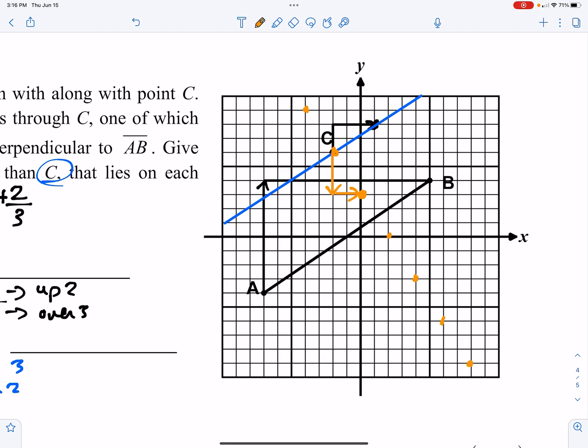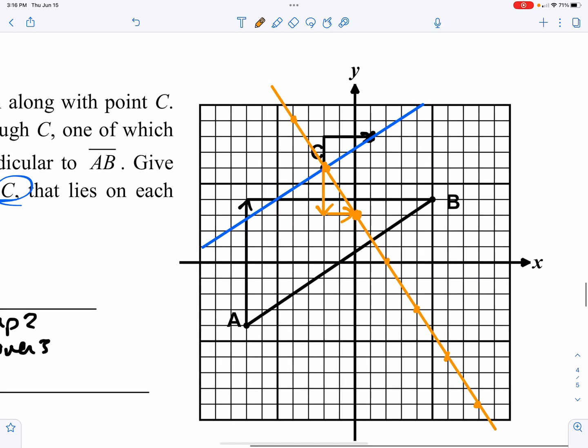Down 3 over 2. Okay, so you can see that the orange line is perpendicular to AB, and the blue line is parallel to AB.